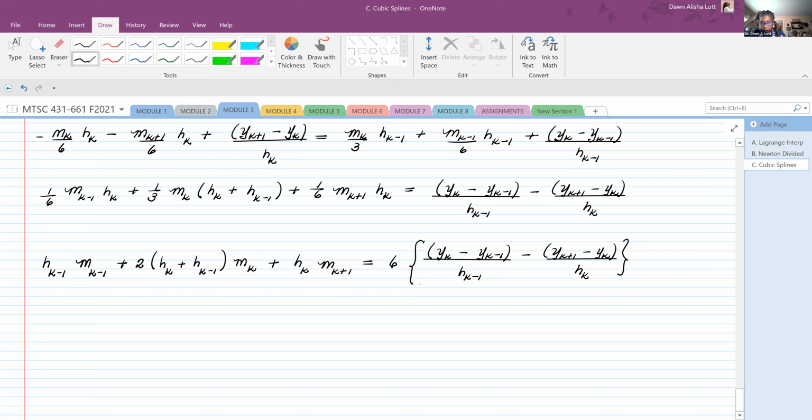All right, so the unknowns are the Mk's. So now I have M(k-1), Mk, and M(k+1) as my unknowns, for k equal to 1, 2, all the way up to n minus 1.